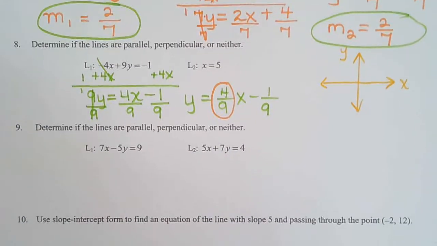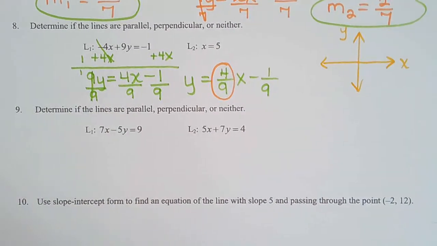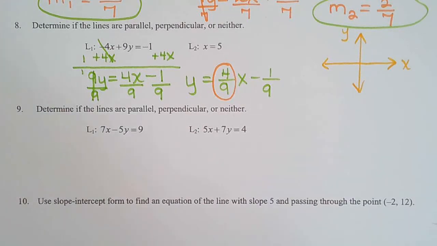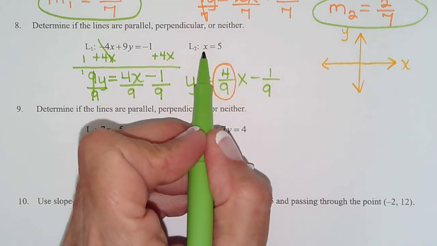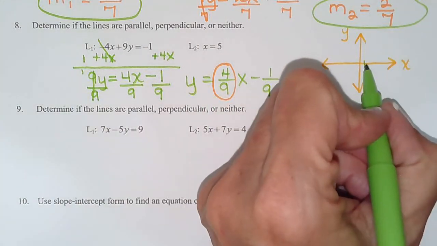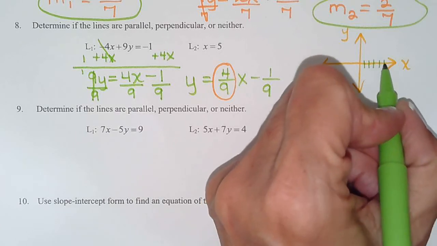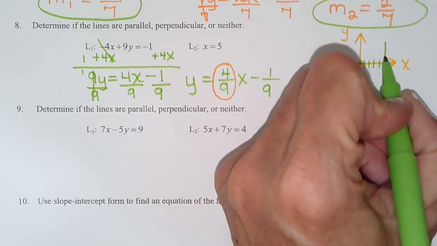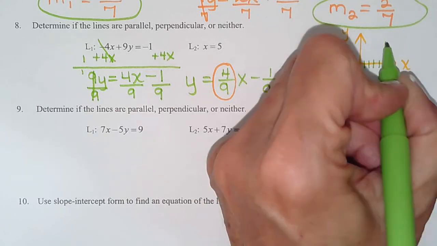What does that tell me? That tells me it's a special case. It's either vertical or horizontal. Those are the special cases. So how do I know which it is? Well, this tells us which axis it passes through. So if it passes through 5 on the x-axis, it's going to be vertical.